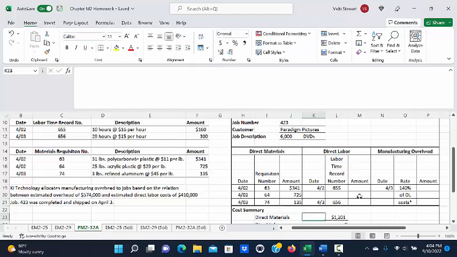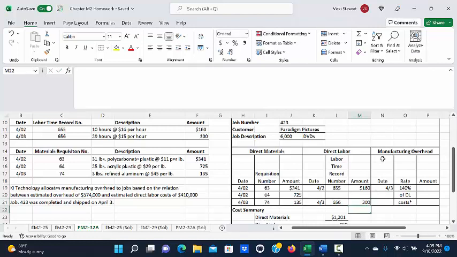The next section of the job cost record asks us to record the direct labor, and we were also given those amounts. So on April 2nd, the labor time record 655 showed that $160 in direct labor was applied to this job, and on April 3rd another $300 was applied to this job.